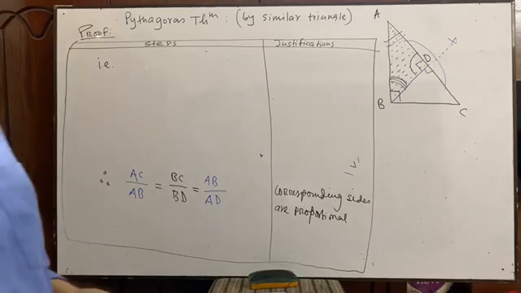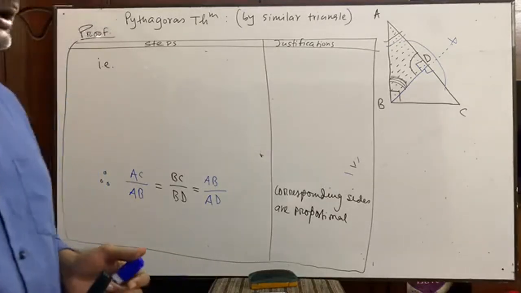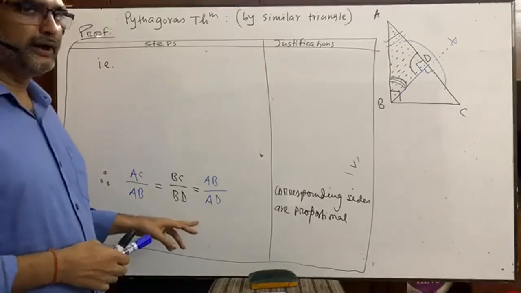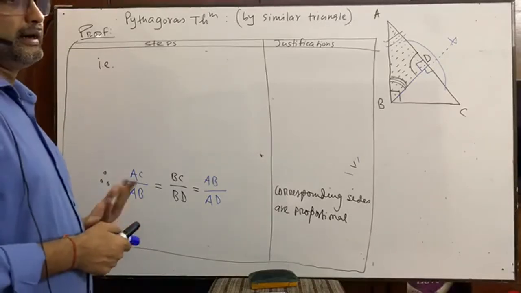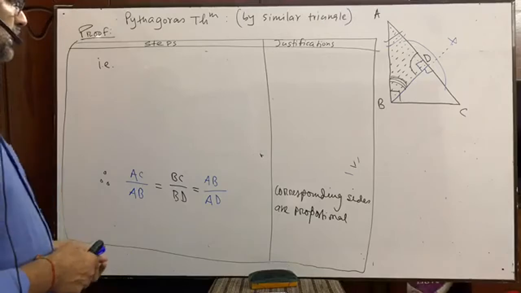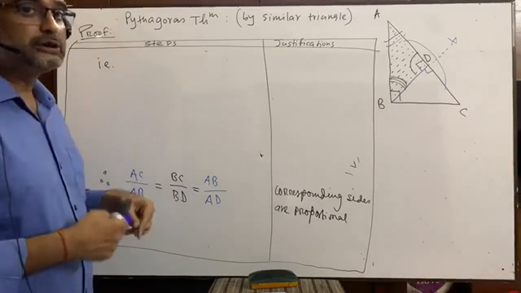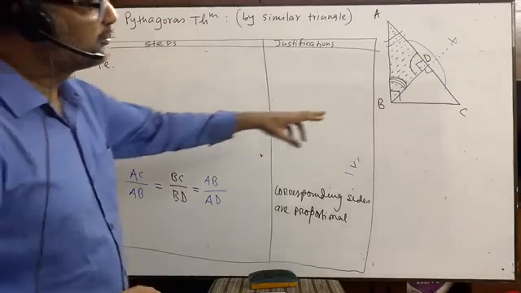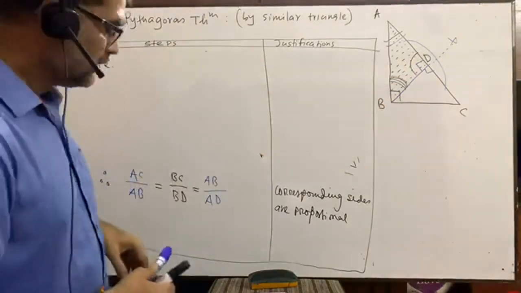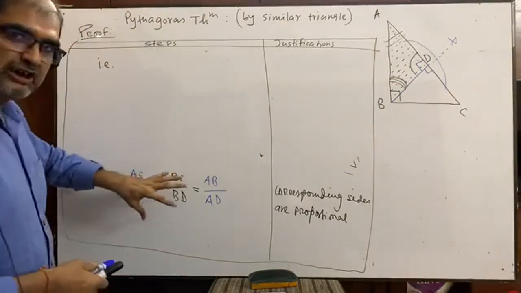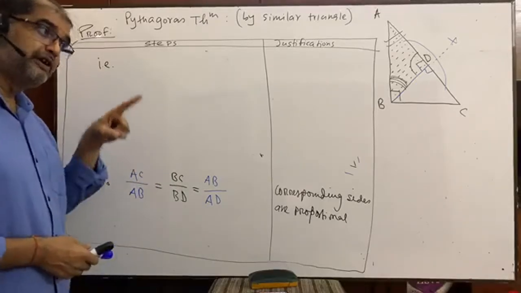Here what we have got in the construction, can you remember? In the construction we got BD. Almost in all the maths this type of situation comes. In the original figure we didn't have BD. So the fraction with BD will not be required anymore here.